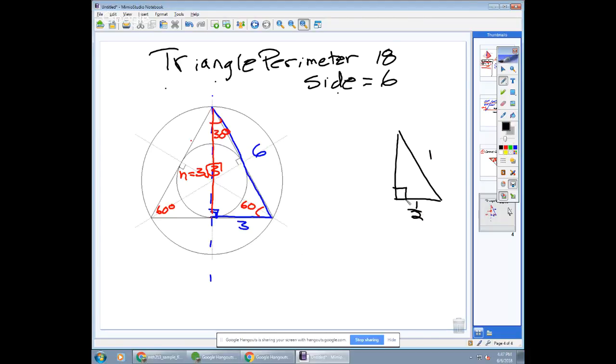And then the medium side is always square root of 3 times the short side, was the observation we made earlier. Yeah, and we could have just used the Pythagorean theorem to figure that out. That would be another way to come up with that. So there's multiple ways to attack this problem.